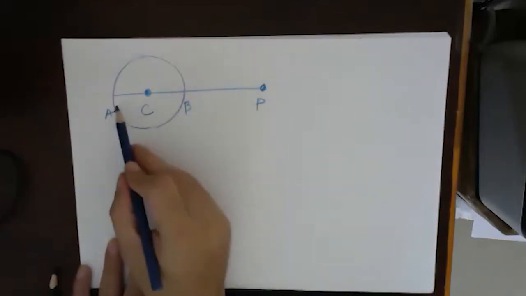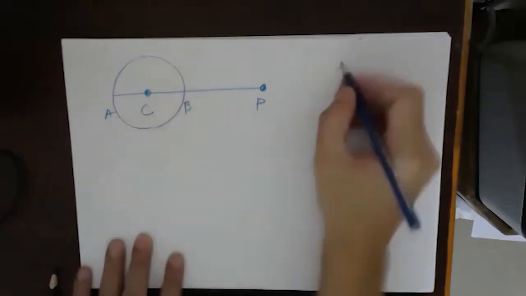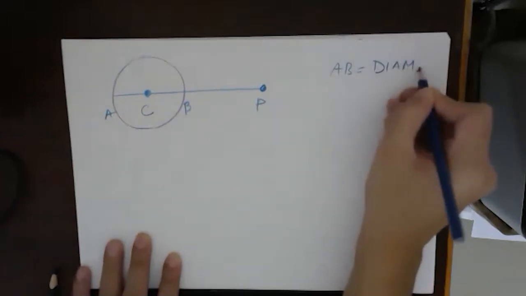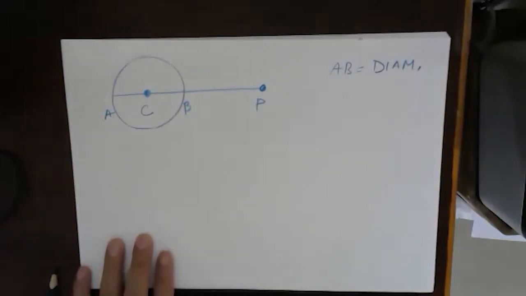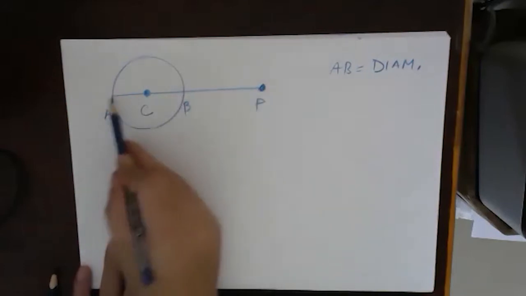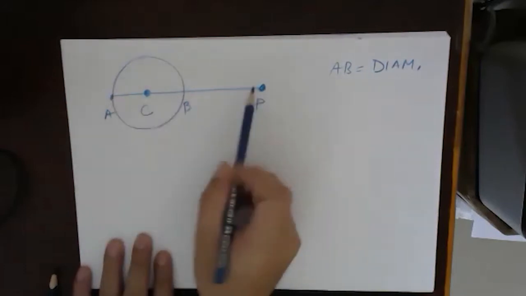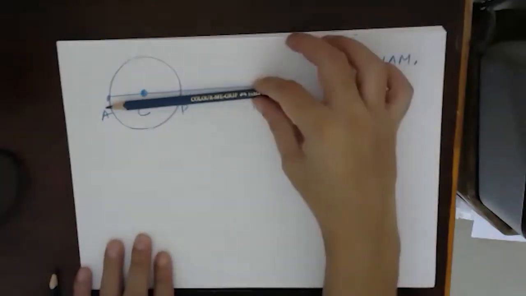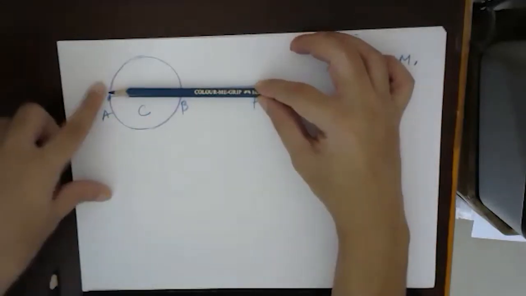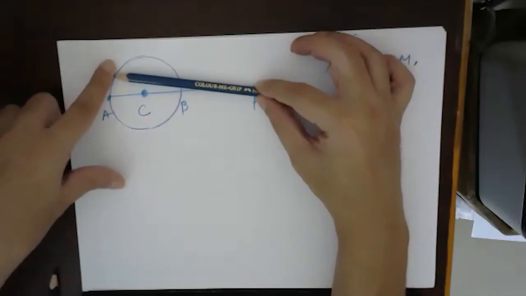So what does AB become? AB is equal to the diameter. Then what will be the maximum distance? The maximum distance will be PA. This will be the maximum distance, because if you take any other point, then this line will keep on getting shorter and shorter.